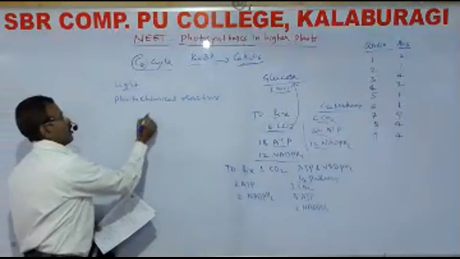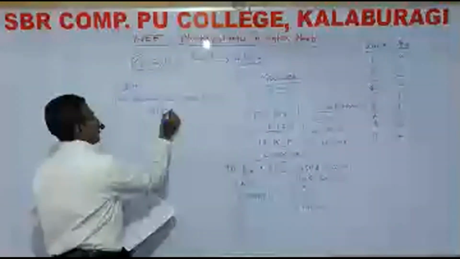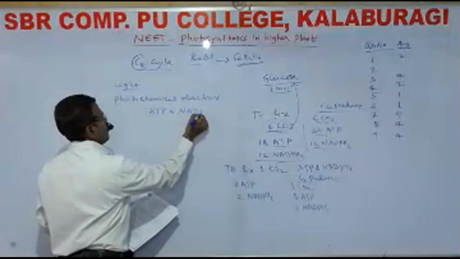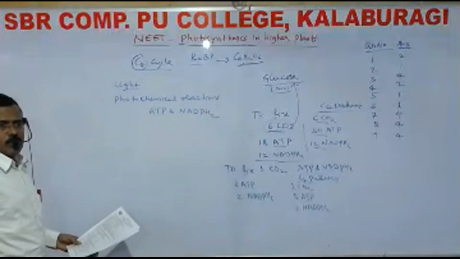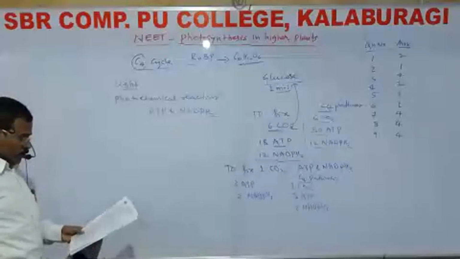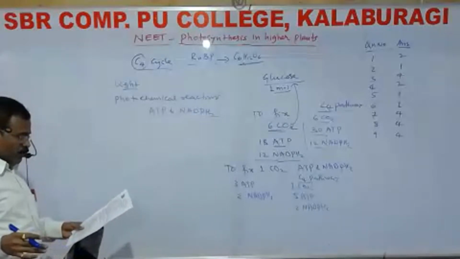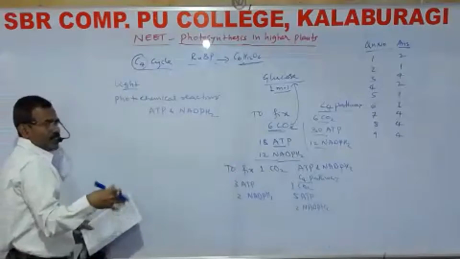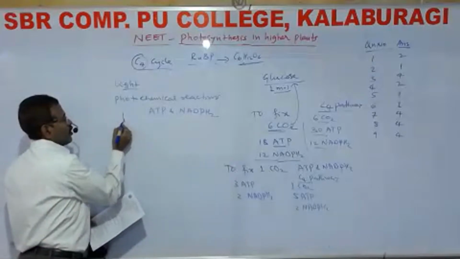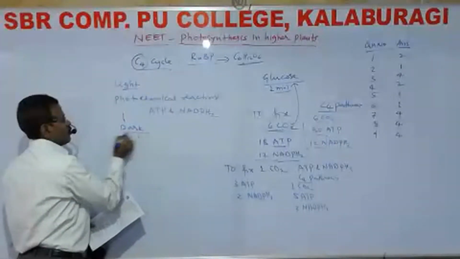These can result in the synthesis of ATP and NADPH2 with the liberation of oxygen due to splitting of water. So what they're asking is, if the light becomes unavailable during photosynthesis, means if light is not available, then what can be done.